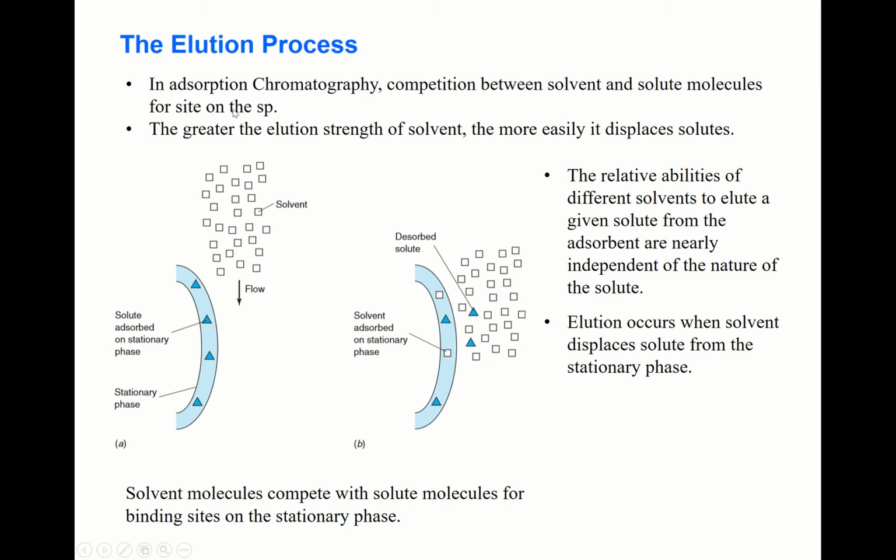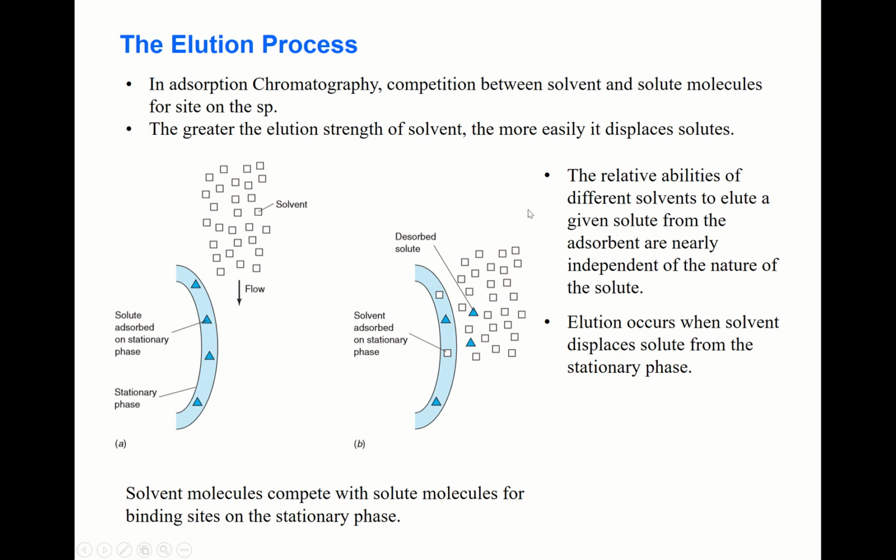Now let's consider the elution process. In adsorption chromatography, solvent and solute molecules compete for the sites on the stationary phase. The solute is dissolved in solvent, and we use an eluent like a mixture of organic and aqueous solvent.